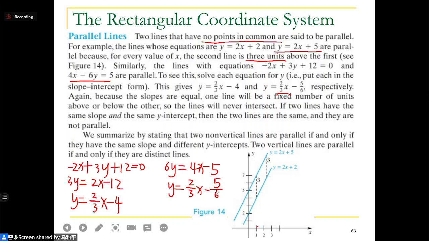And this is the slope-intercept form. We write this respectively. Again, we find the slopes are equal.